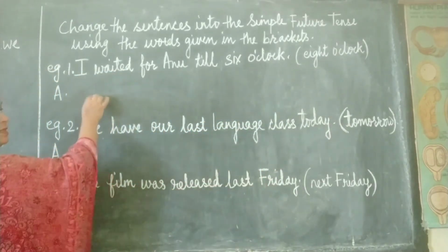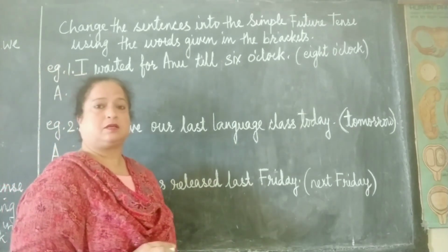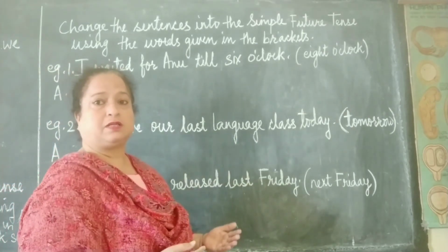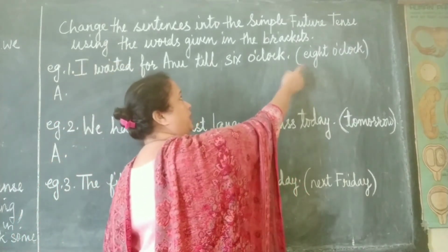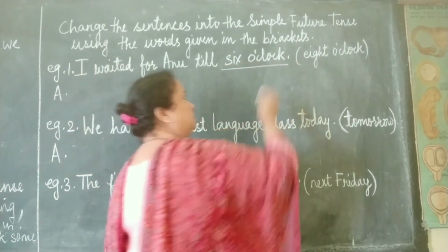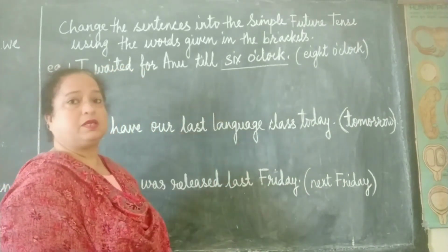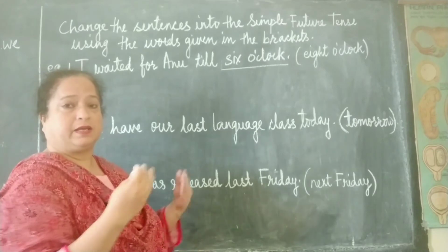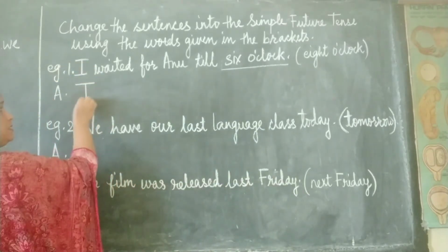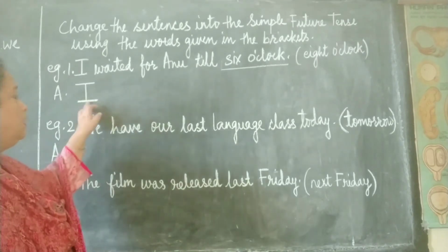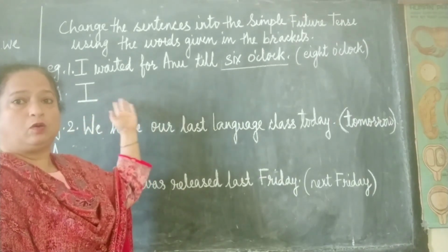So the sentence that I have written is, I waited for Anu till 6 o'clock. So now I need to change the sentence in the future tense. So I have 8 o'clock in the bracket. So I am going to underline 6 o'clock for you. Now instead of 6 o'clock, I will be using 8 o'clock so that I can speak about the future. So since my sentence is starting with I, I can use will or shall along with this.